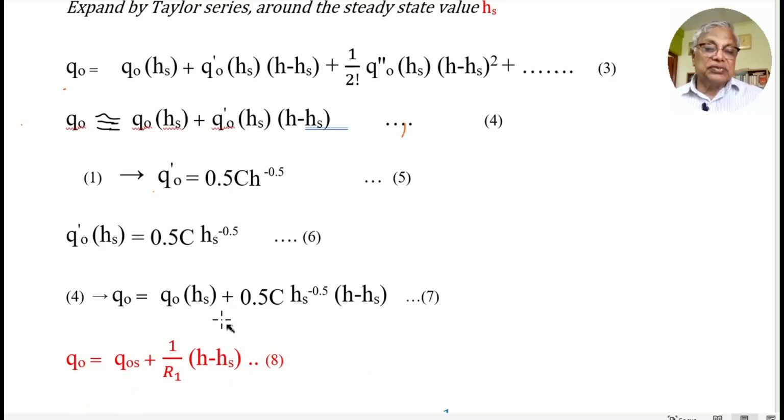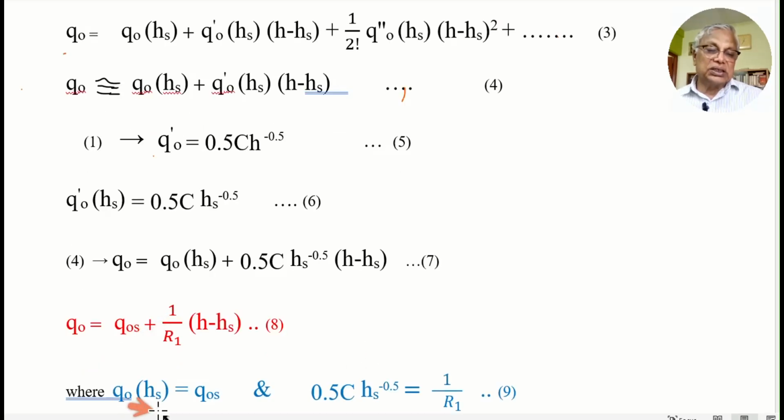I will simplify this further. This Q naught at h's means Q naught evaluated at h's. I'll simply call it Q naught s. And this term, 0.5 c h's power minus 0.5, the entire term, I'll call it 1 by R1.